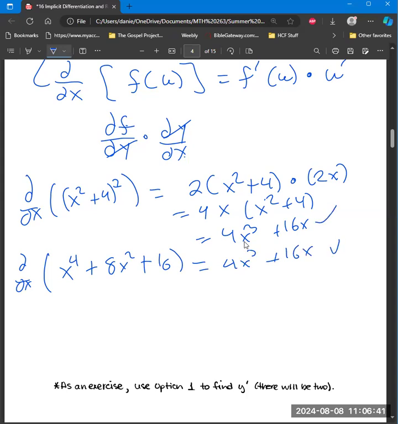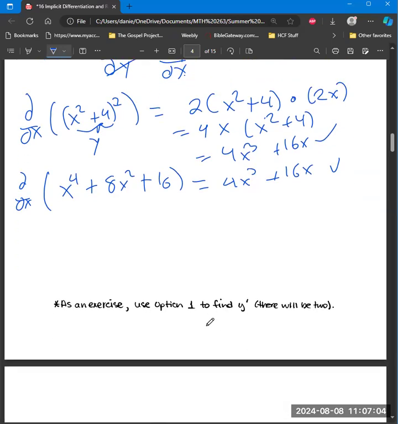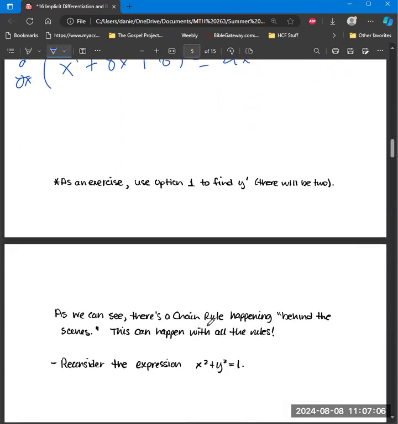So just as a reminder, with the chain rule here, what's happening is that this function right here is getting hidden behind the letter y, and I don't know what it is to multiply by the derivative of it at the end. All I can do is stick a y prime or a dy dx on the end for the sake of the chain rule. So implicit differentiation just uses the chain rule. That's all that's going on.